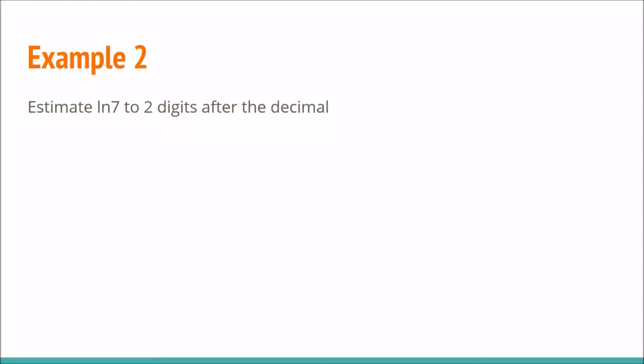For example 2, we'll estimate the natural log of 7 to 2 digits after the decimal point. We're given the approximations of the natural log of 2 and the natural log of 3 as a guide. We use that as our reference A, since with the logarithm product rule, log of x times y can be written as log of x plus log of y.